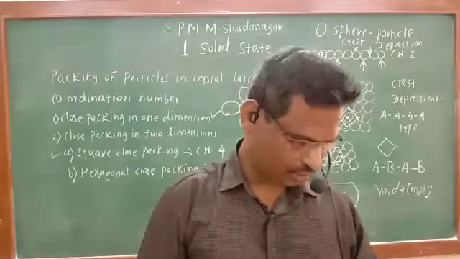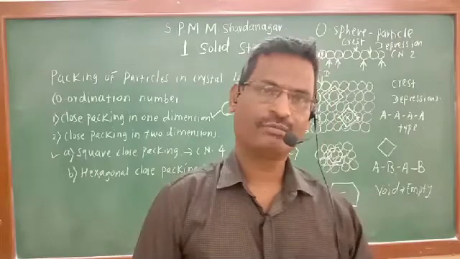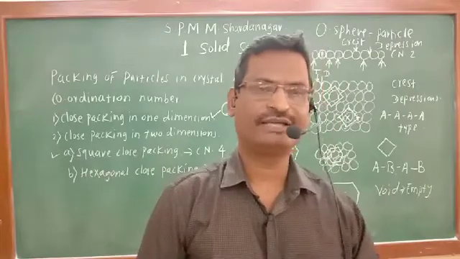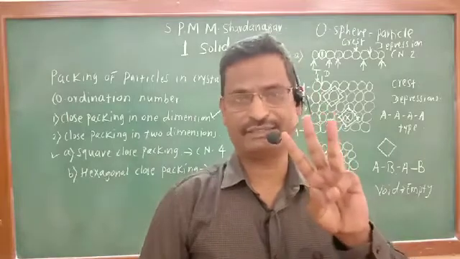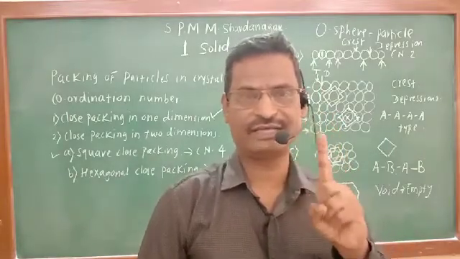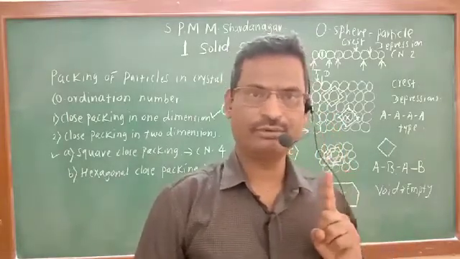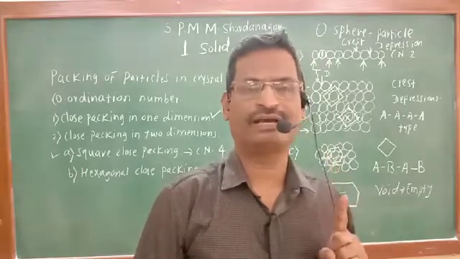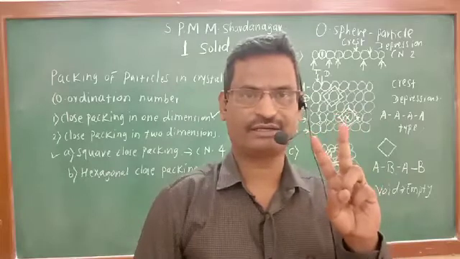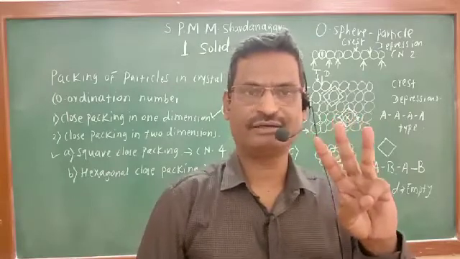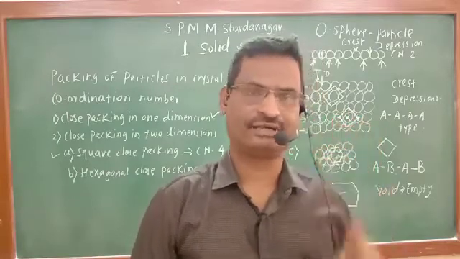Those 7 categories we have studied, followed by the calculation of the number of particles in 3 basic units. The first one is primitive or simple cubic crystal. Second is body centered cubic crystal. And third is face centered cubic crystal.